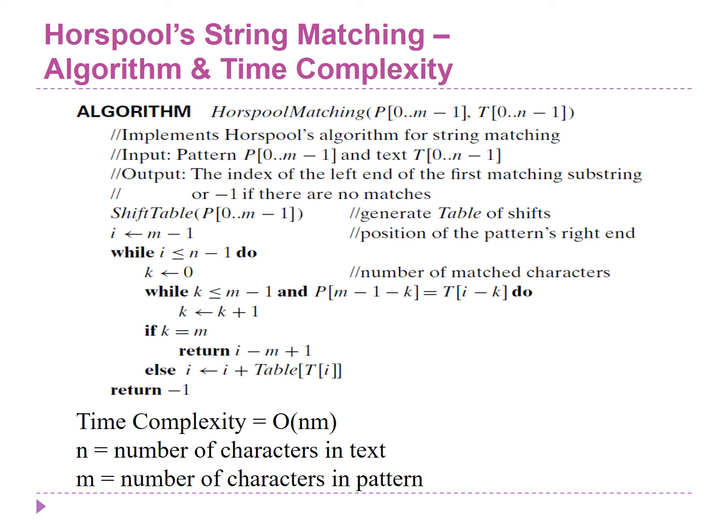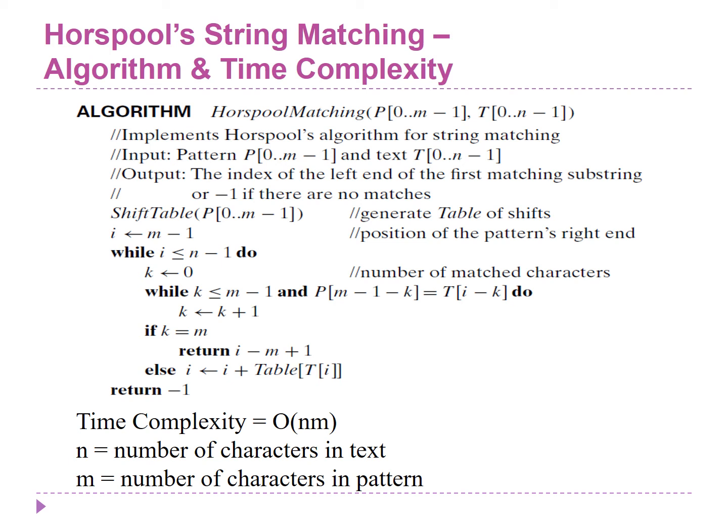The shift table is built for all possible characters that would occur in the pattern. Using the looping structures, the pattern is matched from left to right of the text, and shift values are used for shifting the pattern from left to right.